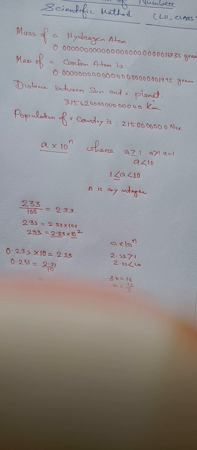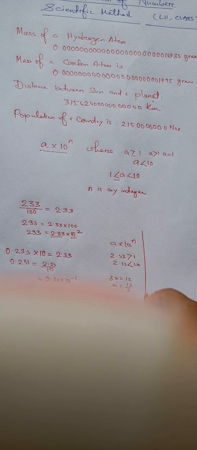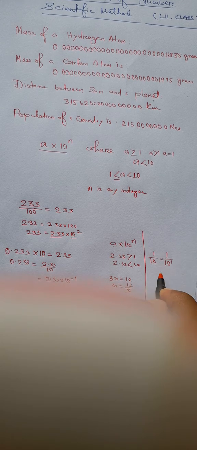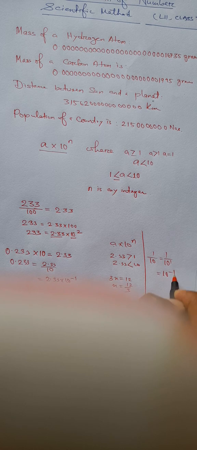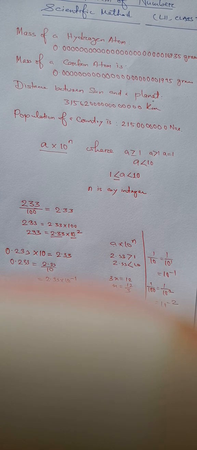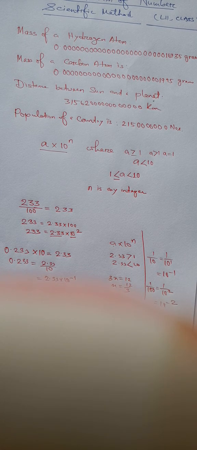Now 2.33 divided by 10, we can express as 2.33 into 10 to the power minus 1. We already know that 1 by 10 means 1 by 10 to the power 1, that means 10 to the power minus 1. 1 by 100 means 1 by 10 to the power 2, that means 10 to the power minus 2, like so.